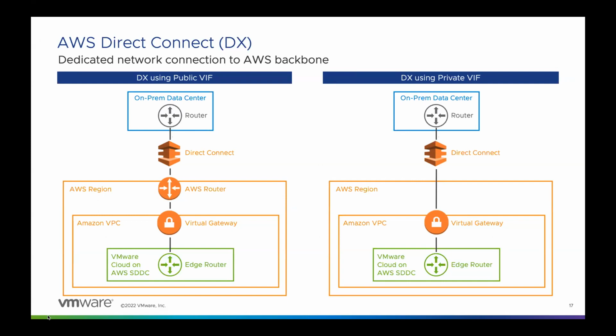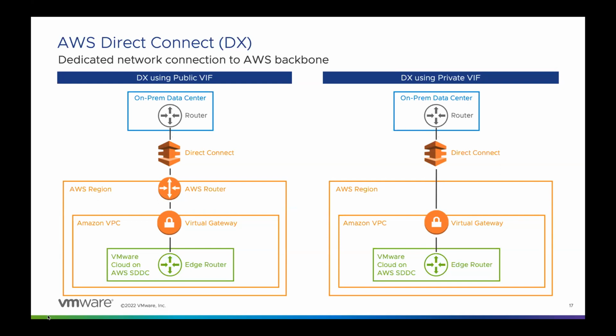When you're looking at the private VIF, it terminates in the specific AWS region. So how the private VIF will work is the SDDC will advertise the routes over Direct Connect using BGP, and all outbound traffic from the ESXi host to the destination outside of the network, including vMotion and vSphere replication, will be routed over the public VIF once it's set up.